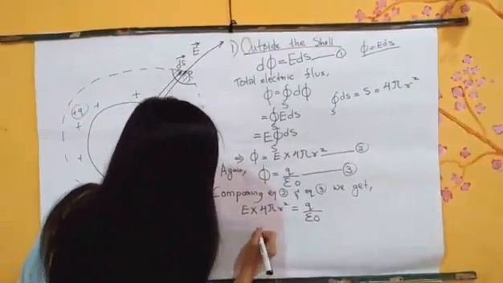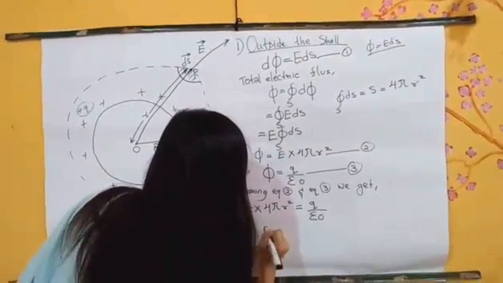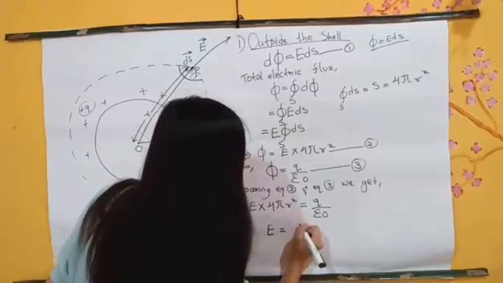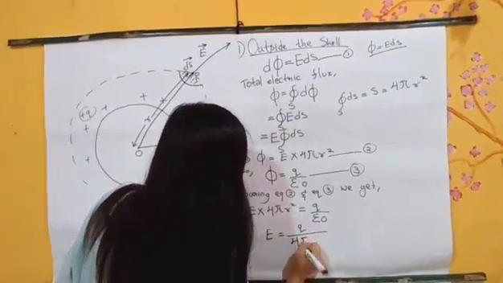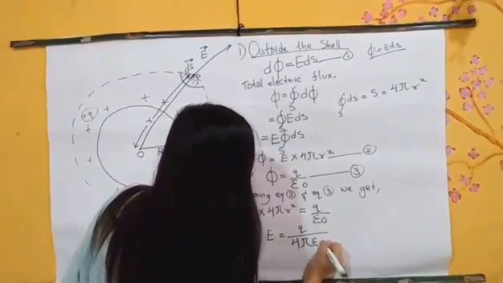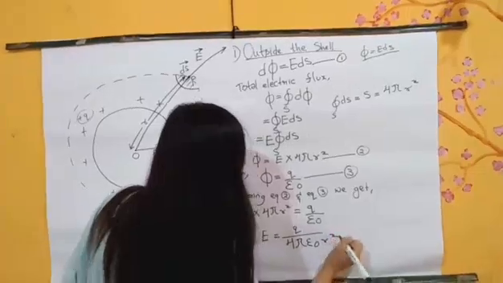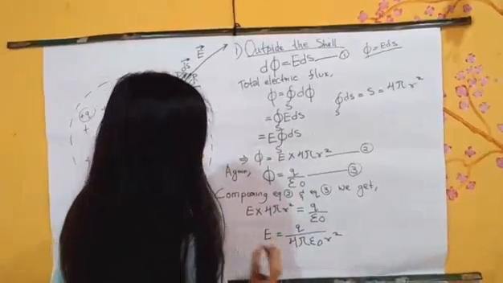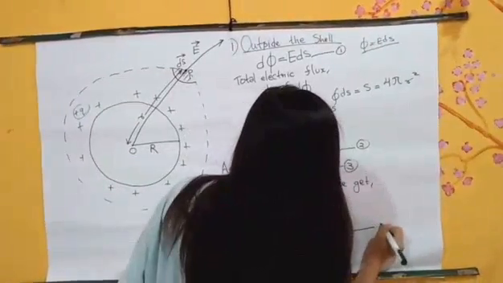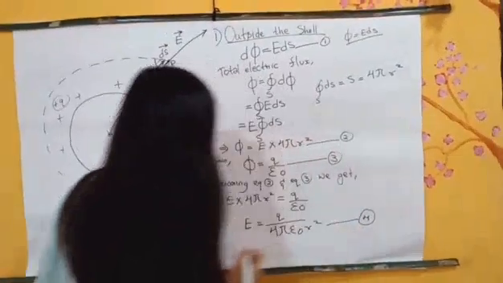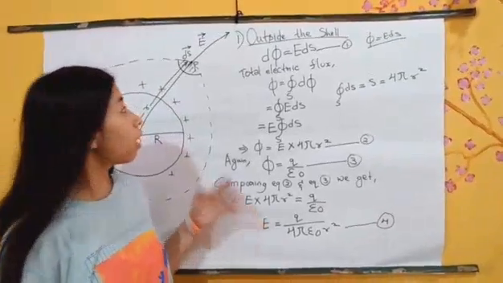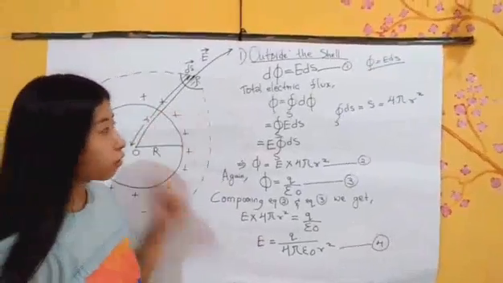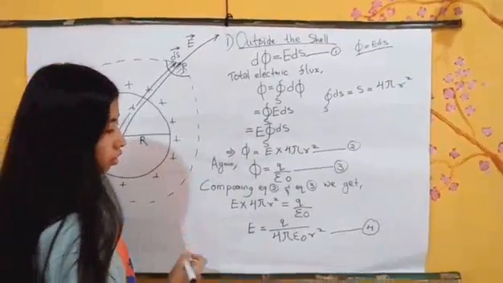And by simplifying further, we get E is equal to Q by 4 pi epsilon naught r squared. Let's take this as equation number 4. Here, equation number 4 gives us the electric field outside a uniformly charged spherical shell.